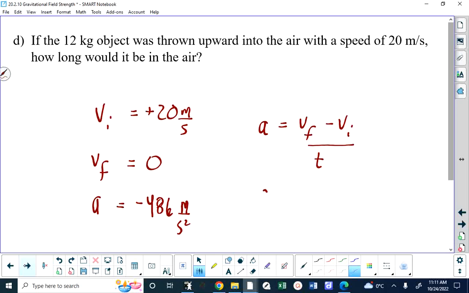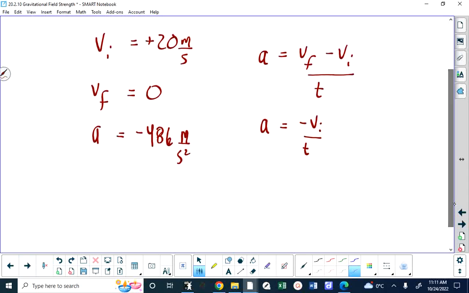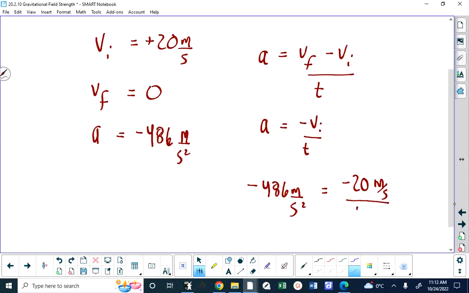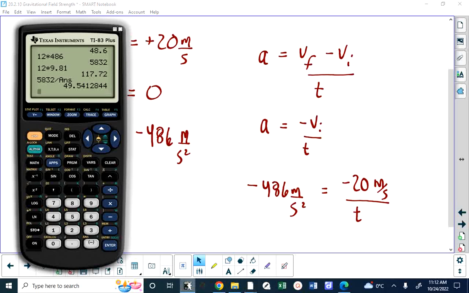VF is 0, so we end up with A equals negative VI over T. I'll have negative 486 equals negative 20 over T. I'm going to have to take the negative 20 divided by the negative 486, or 20 divided by 486. The negatives would cancel. 0.041 seconds.